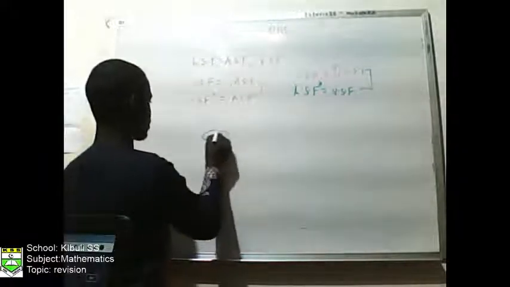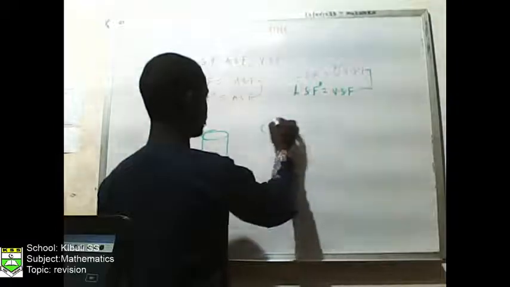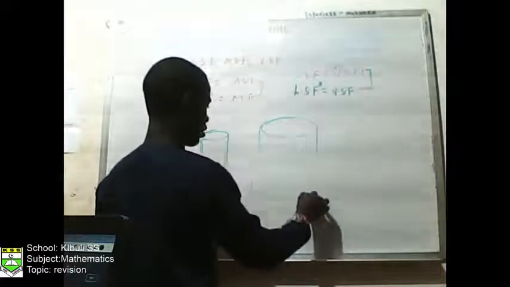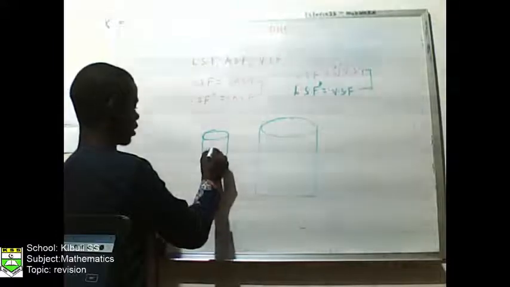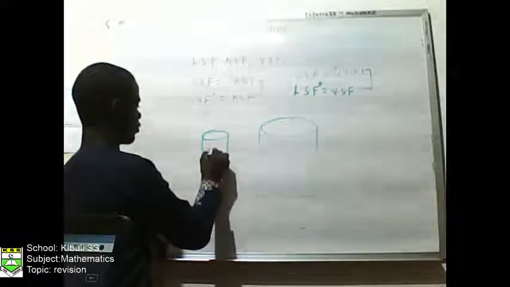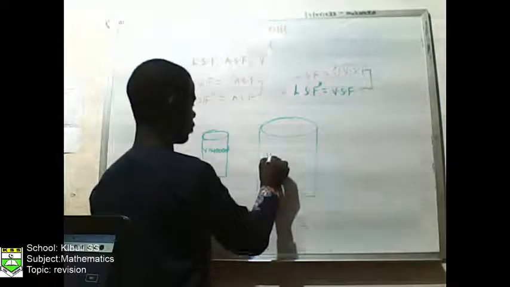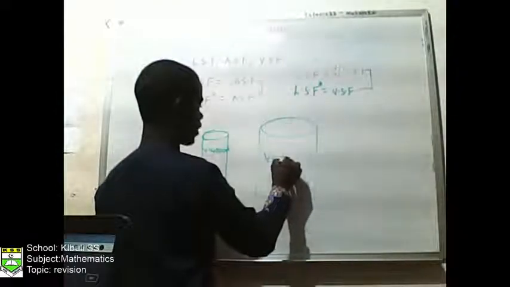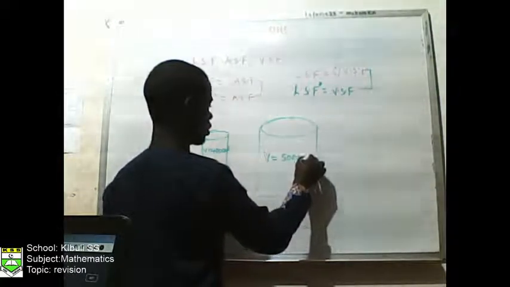You have a first team, that is this, and another team. They have the same shape, but they are of different sizes. This one has a volume of, let's say, 400 cubic units, and this one has a volume of 5,000 cubic units.